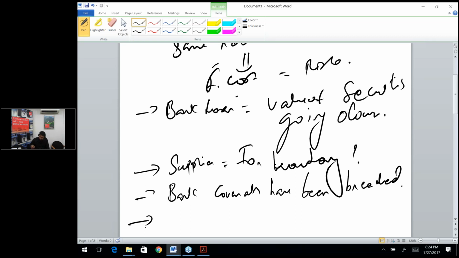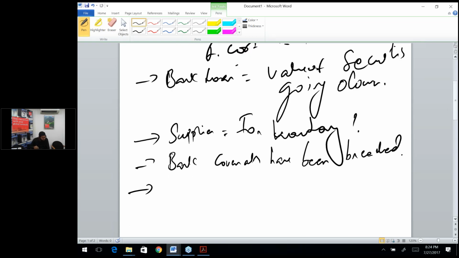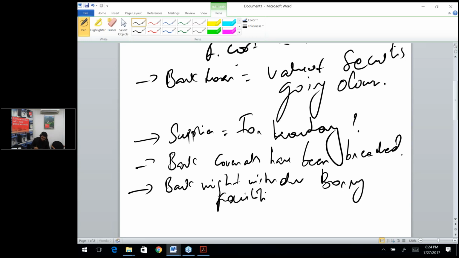And what else? The bank might withdraw the borrowing facilities.